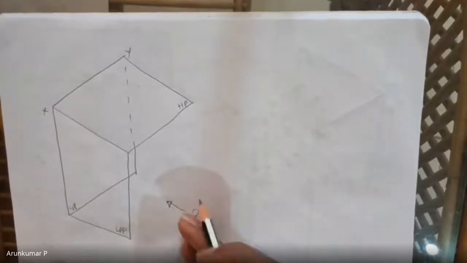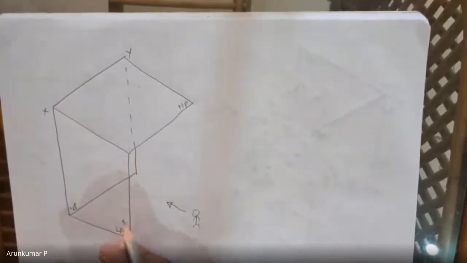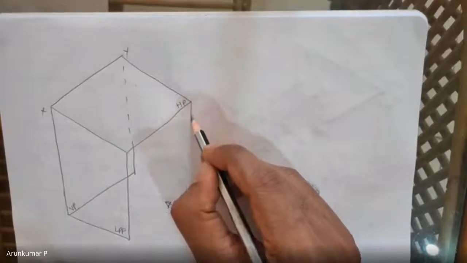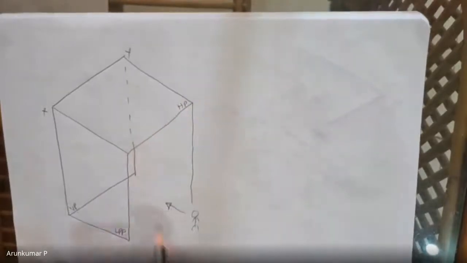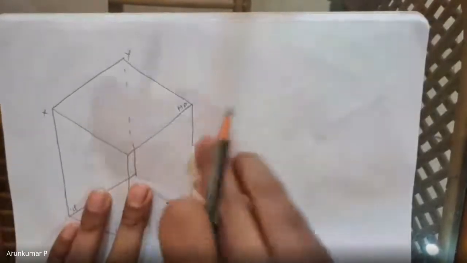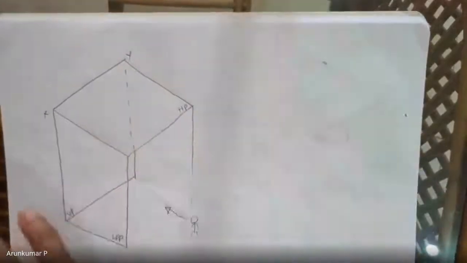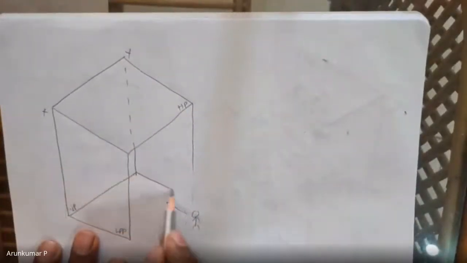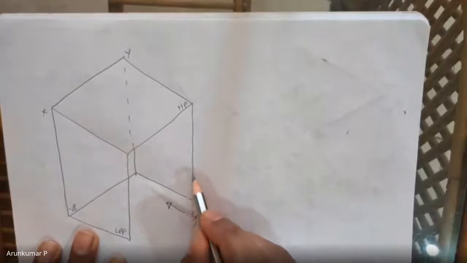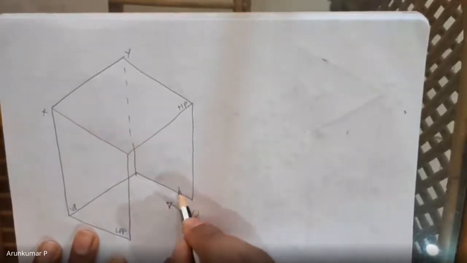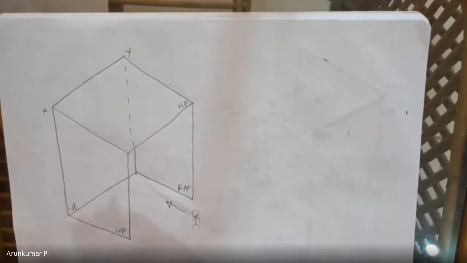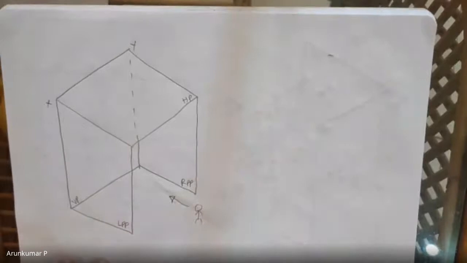So this LPP is to your left and this is the RPP, to your right. This is the arrangement of planes.